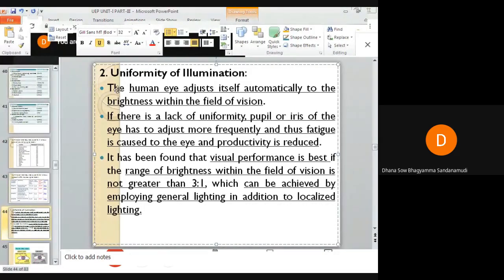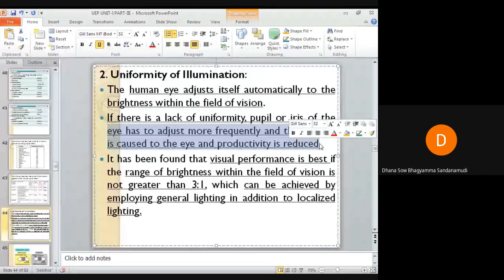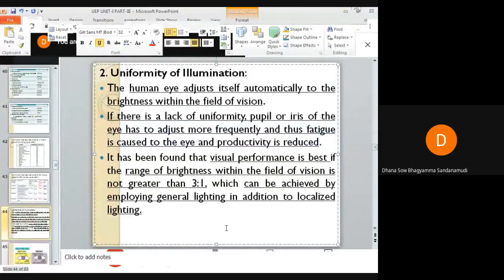But if it is darker outside, what will happen? The eye has to adjust more frequently, and thus fatigue will be caused to the eye. And we can't see the surrounding images clearly.